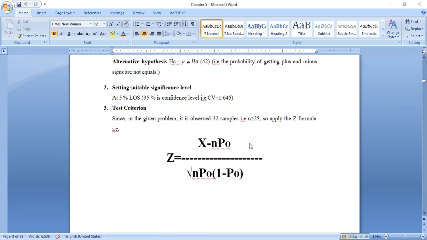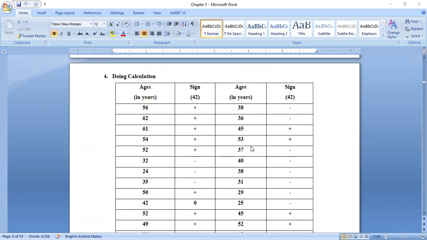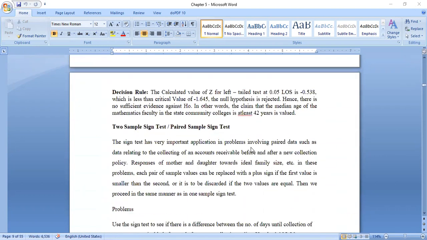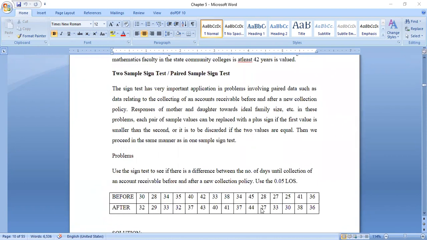Today already we have discussed this problem in the previous class. Today we will see another method, that is the two sample sign test. This two sample sign test is also called the paired sample sign test, and sometimes we call it the double sample sign test also.